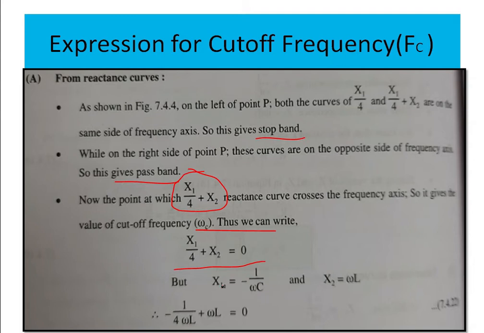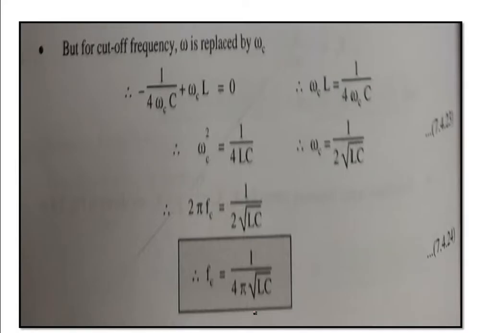After substituting the values of X1 and X2 in this equation, we rearrange the equation to find the cutoff frequency, so that omega is replaced by omega c.